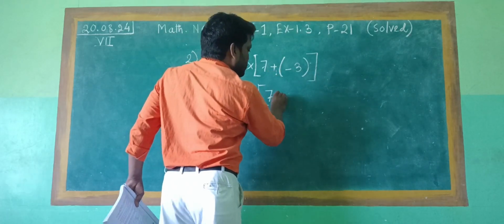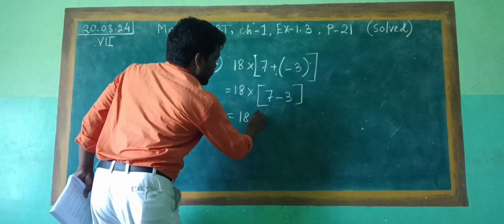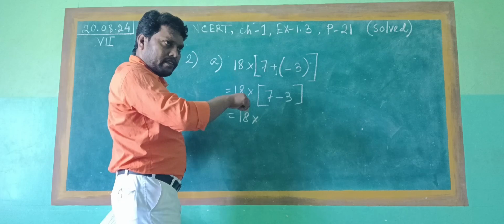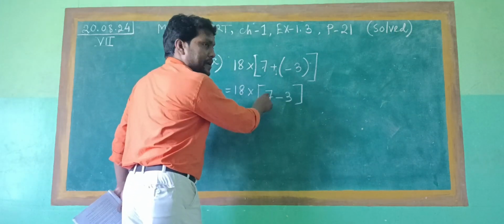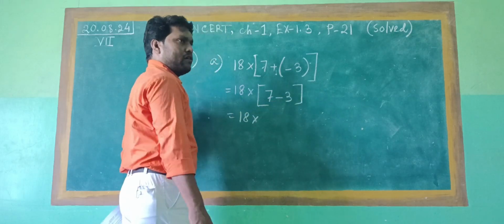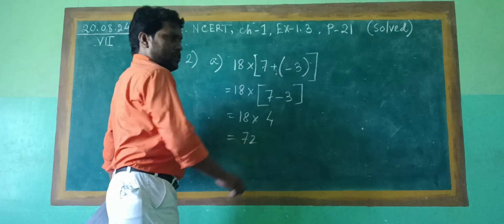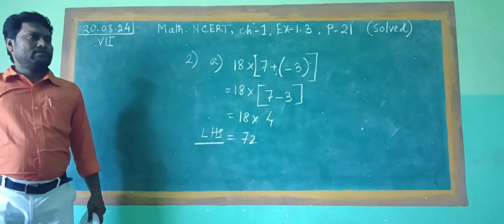Plus minus minus. So 18 into 7 minus 3. Plus 7 minus 3, so plus 4. That means 4 times 18 is 72. So left hand side is 72.